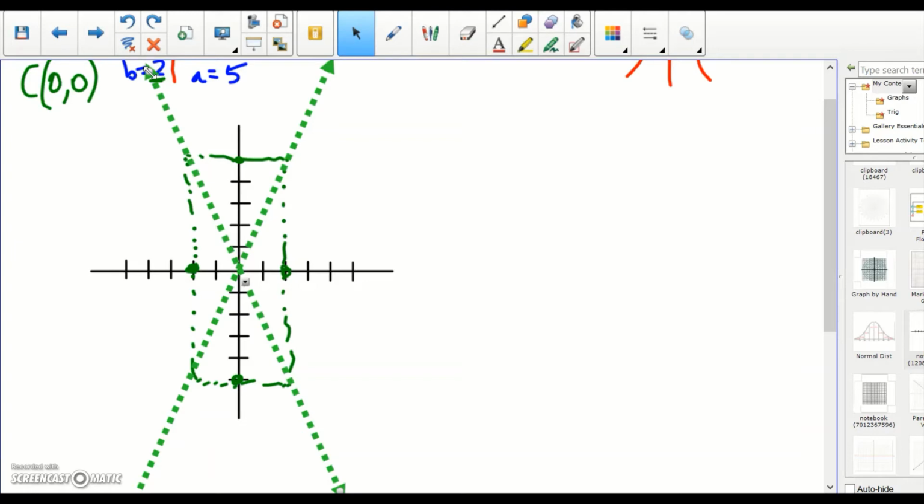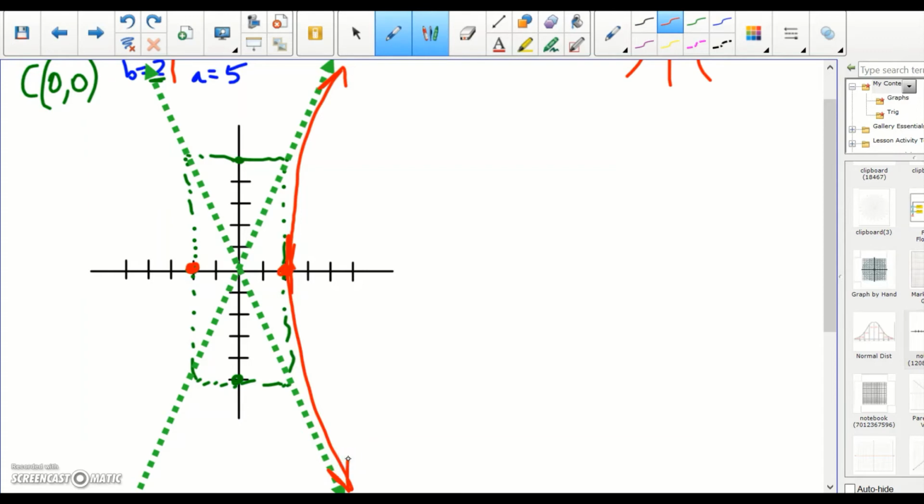That's what we need in order to draw those things. So our hyperbola is going to have this vertex, and we're going to draw a curve that curves around and approaches those asymptotes. Looks something like this. That's what this thing looks like.